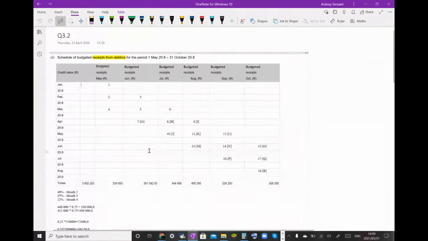Then we go to the next table. They say the budgeted sales and purchases figures for May, June, July, and August are as follows. So these are budgeted, they're not the actual. This is what they anticipate or expect to happen.